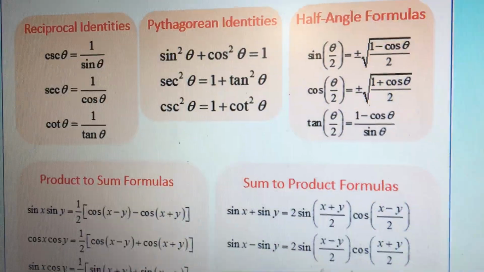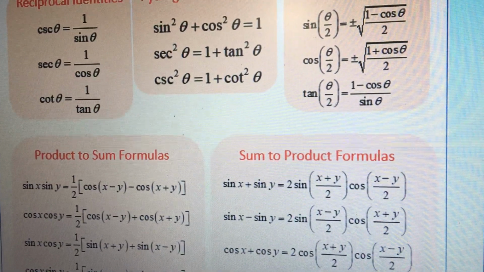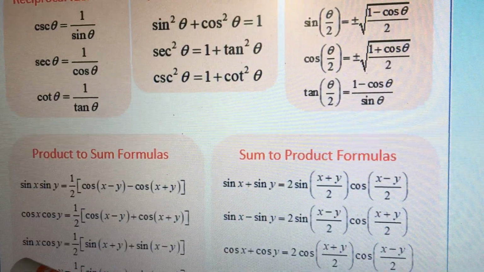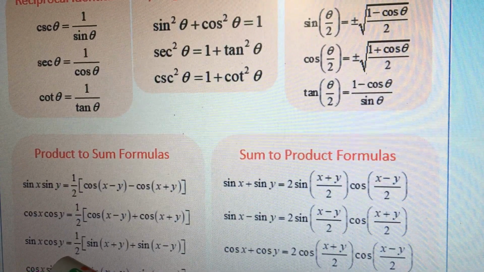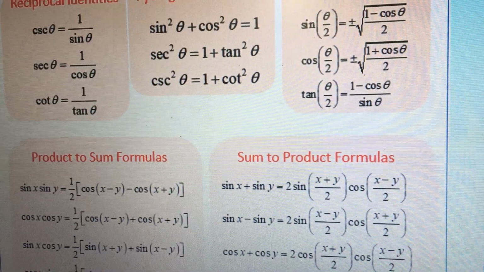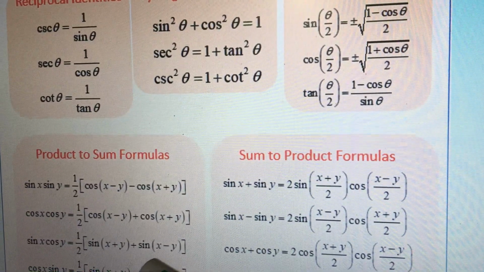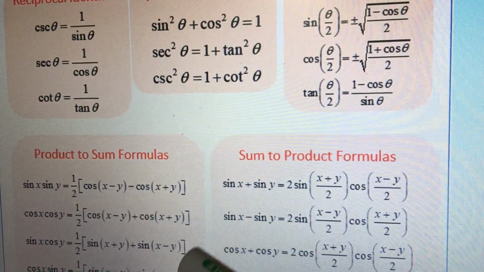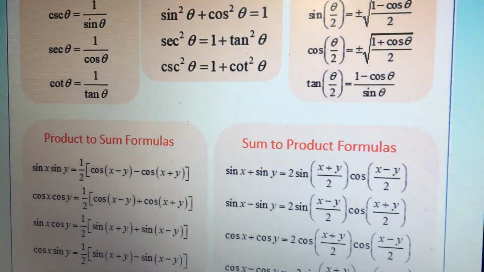Sine x times cosine y is equal to 1/2 of the quantity sine of (x plus y) plus sine of (x minus y). So we can make use of this formula.